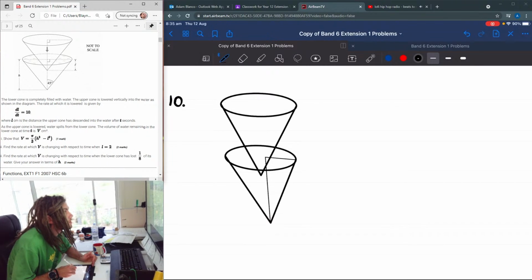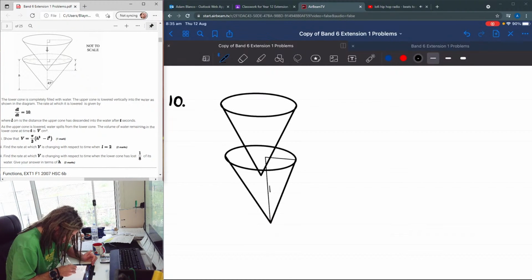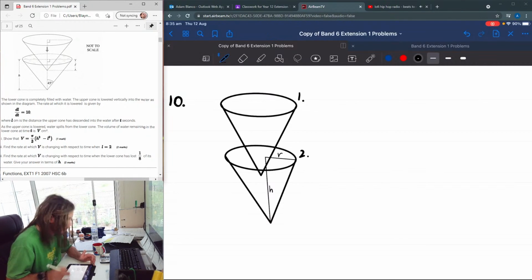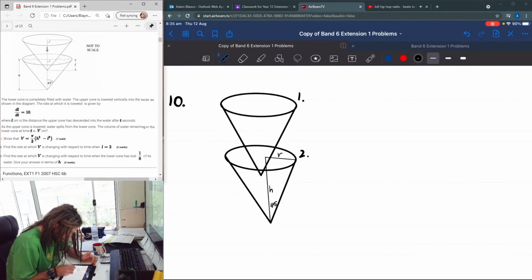Okay, so that's H. That's my radius. I'm just going to call these things. Call that 1. Call that 2. And that's 45 degrees. This little gap here is L.